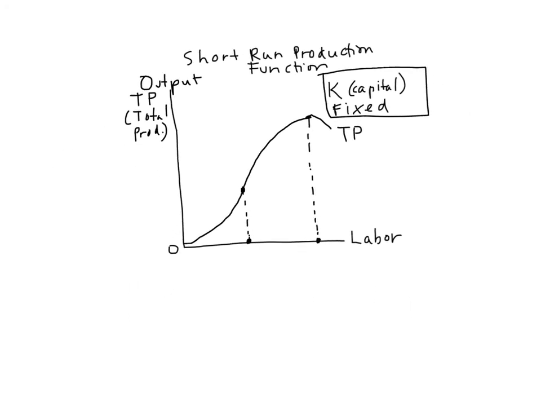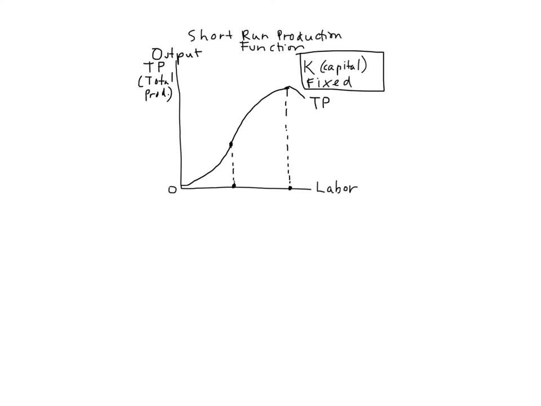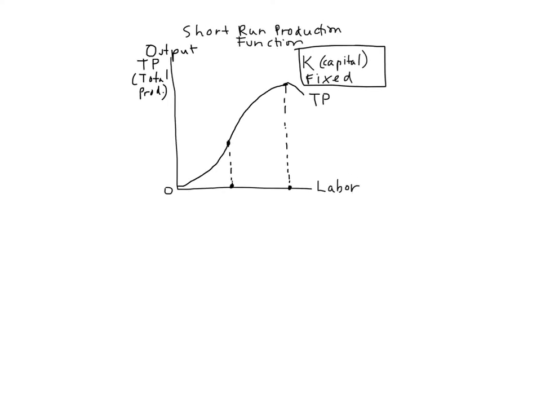So what I'm going to do is stack this with another diagram. And what we'll have here is something that has the same x-axis, labor, measured in the same units, and a different y-axis. So here we'll have marginal product and average product instead of up above where we had total product or output.